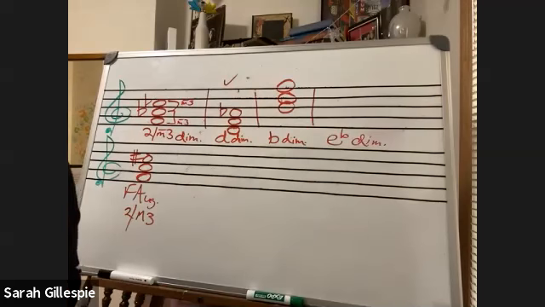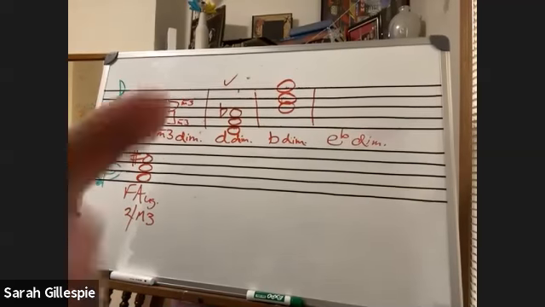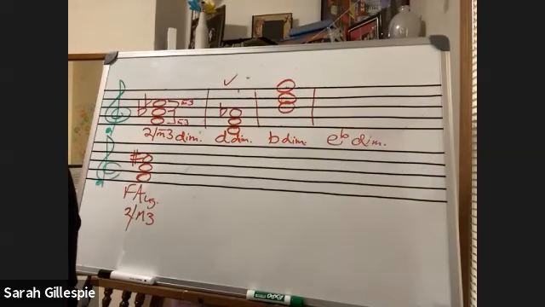All right, who would like to do the tricksy one, E flat diminished? Sophie or Alex, I think you're up. Or Juliana. Who would like to do this one?